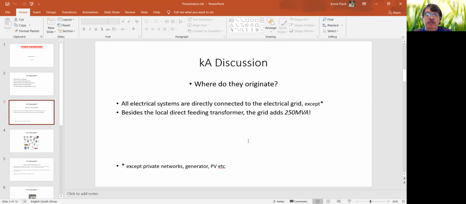So if you had a generator of a similar capacity to what the business or the house is, your calculations will be vastly different. In actual fact, it's the grid that really sets the short circuit levels because of the connection to that. Directly, there's a transformer outside of your house, outside of a business, maybe in the domestic type arrangement, there's a mini sub somewhere on the grid outside, somewhere in the road, somewhere in a corner.